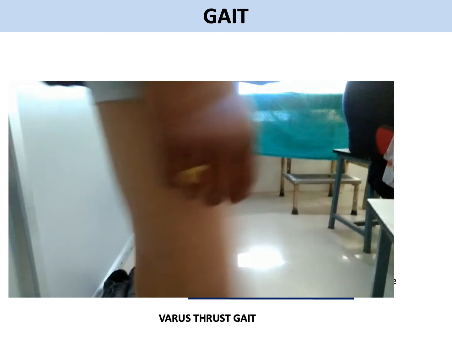In the right knee joint, it thrusts towards the lateral aspect while the patient is walking. Right knee thrusting toward the lateral aspect. So this is called varus thrust gait. This is because of tear of the lateral structures.